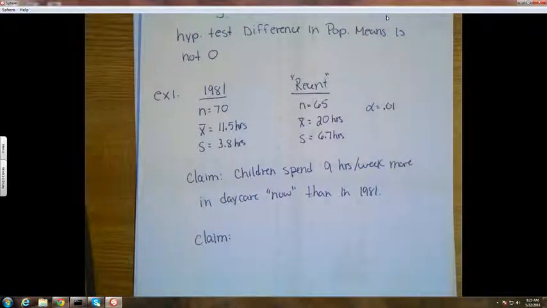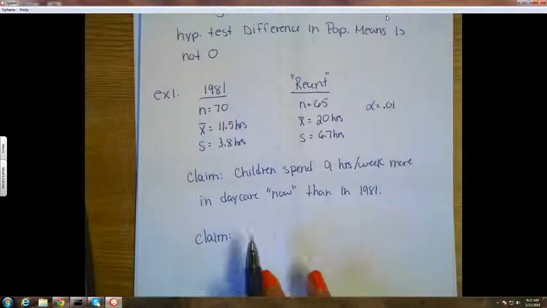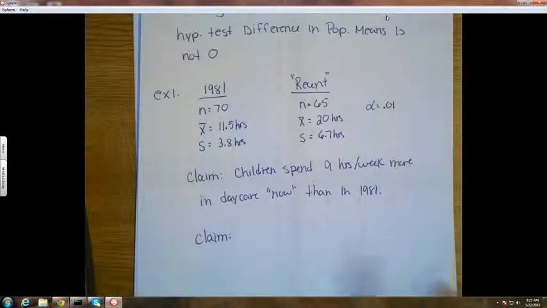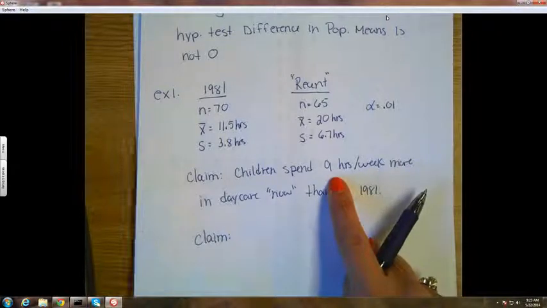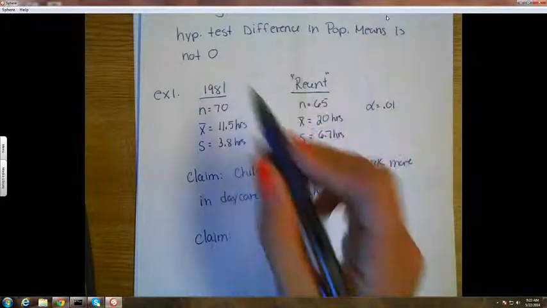It doesn't matter which way you subtract. I can do the average now minus the average from 1981, or the 1981 average minus the recent average. It doesn't matter. What's going to be the difference in the outcome? A positive or a negative outcome. So there's 2 ways to do that. I'm going to go now minus 1981.